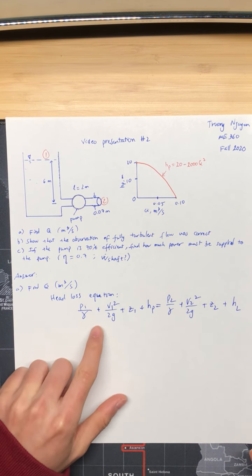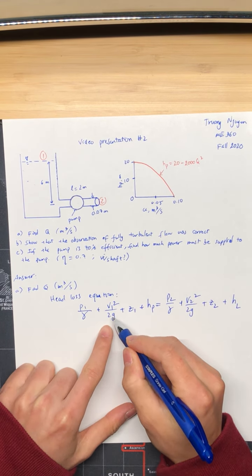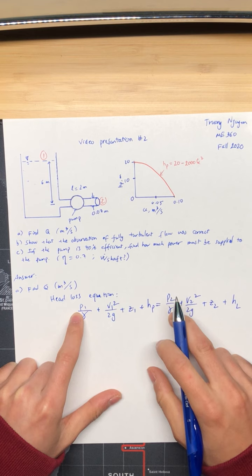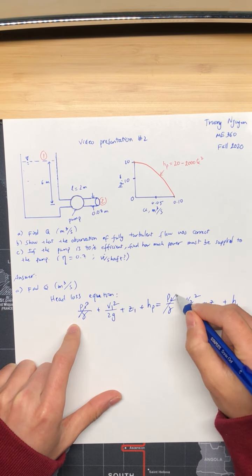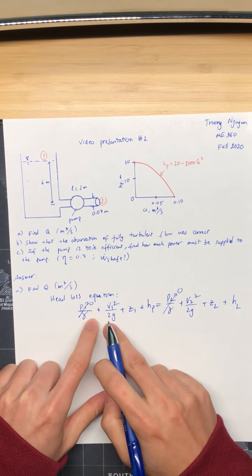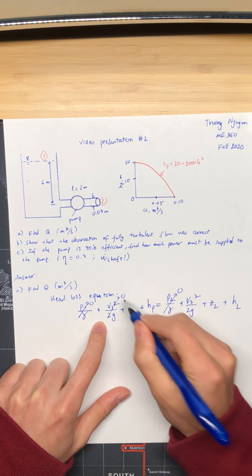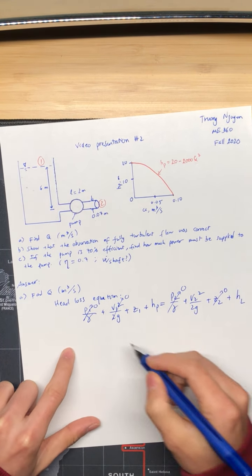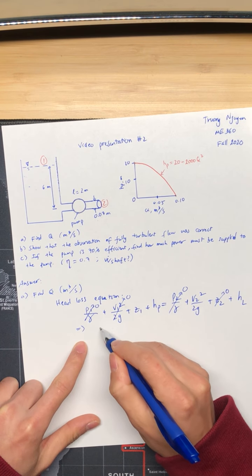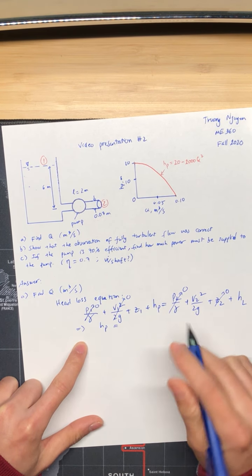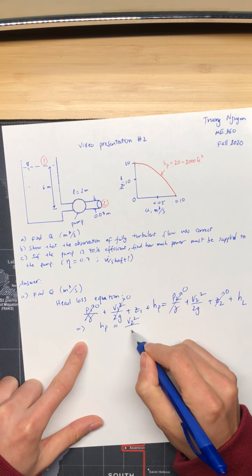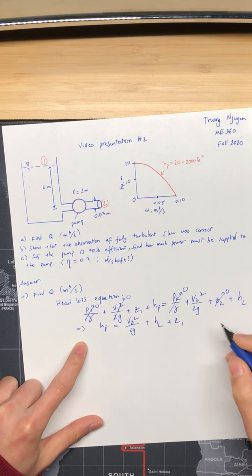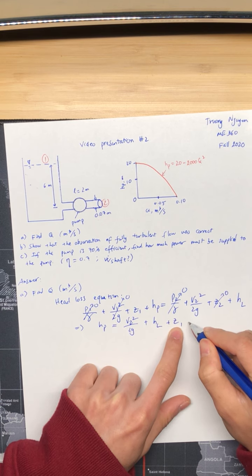So we are going to cancel some terms out. P1 and P2 are open to atmosphere, so we can cancel them out. Also V1 is 0 and Z2 is 0. So we end up with head pump equals V2 squared over 2g plus head loss minus Z1, which is 6 meters.